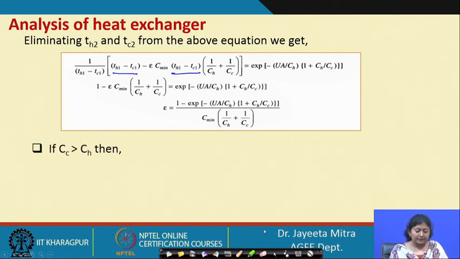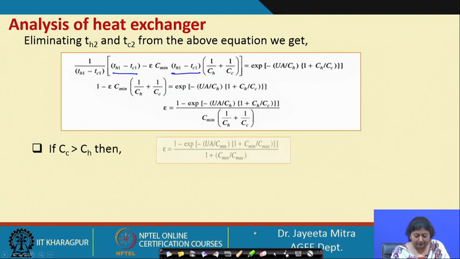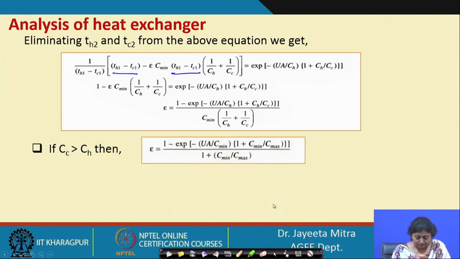Now the thing is which one is minimal, Ch or Cc. Based on that we can define effectiveness. First case, if Cc is greater than Ch, that means Ch is our C minimum. In that case, here see what will happen, 1 minus UA by Ch.